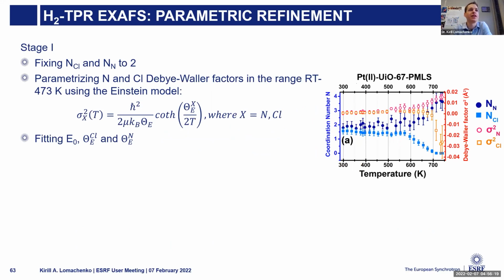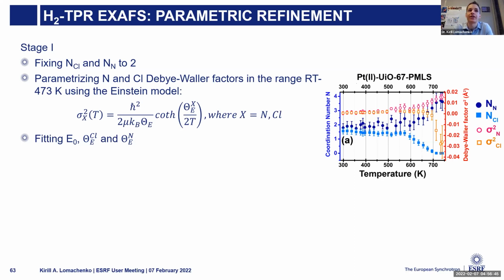The more sophisticated thing was fitting the data in different stages. So first, the coordination numbers were fixed to 2 for chlorine and nitrogen fixed to 2, and the data were fitted only in the low temperature range, so below 500K.